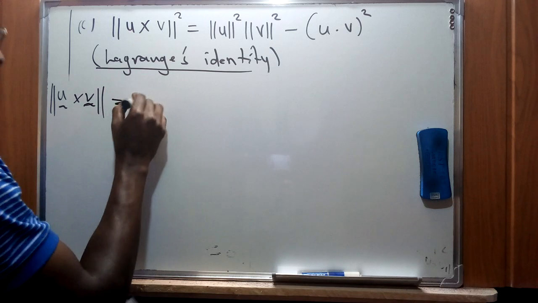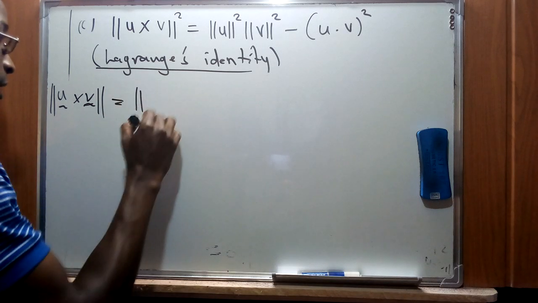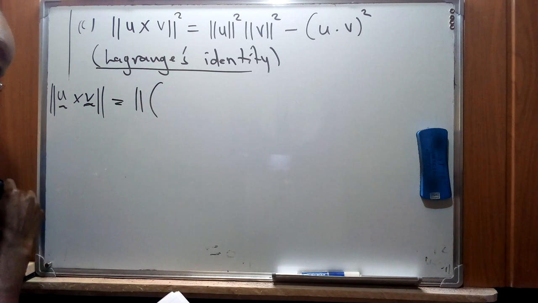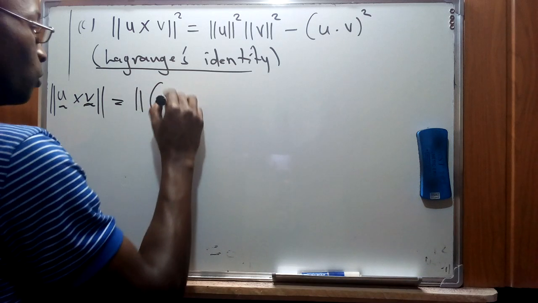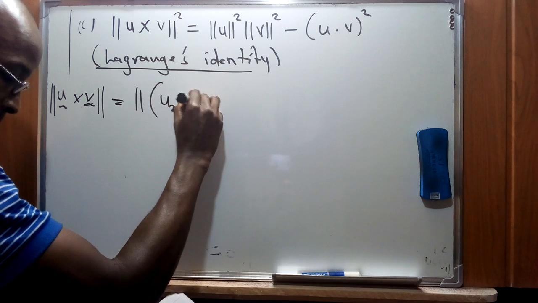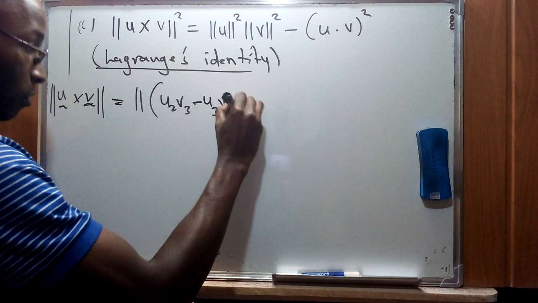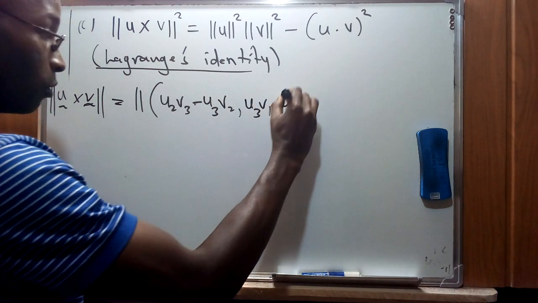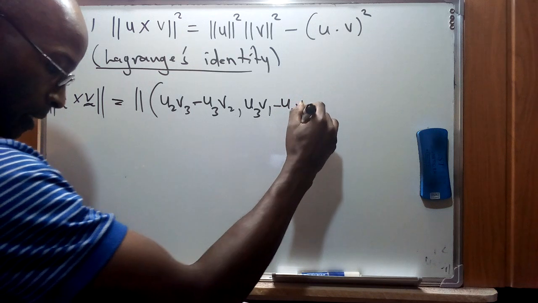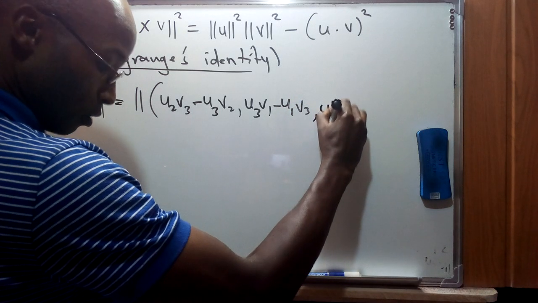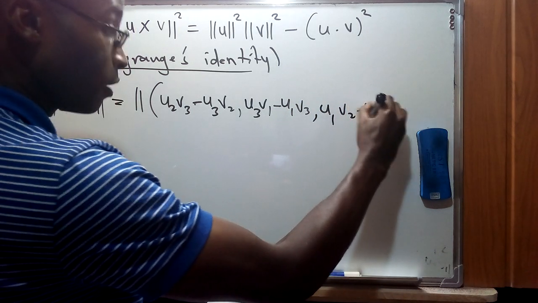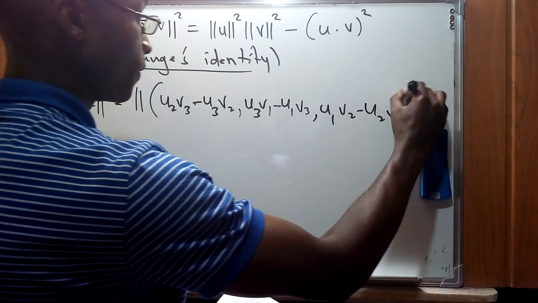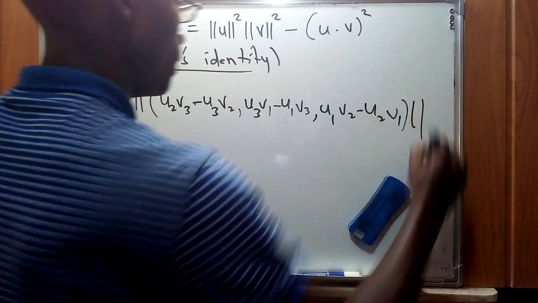So this can be represented as a norm for the whole of that component: U2 V3 minus U3 V2, and then U3 V1 minus U1 V3, U1 V2 minus U2 V1. And then we're going to find the norm for that.